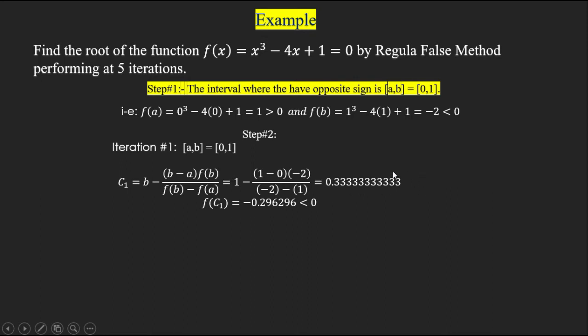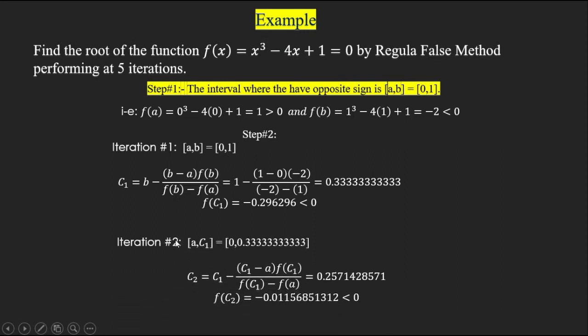And after substituting this value in the given function, we get less than 0 value. So we will replace B by C1 because f(C1) is less than 0, and we will get another sub interval of this 0 1 interval, and we will perform the same process for the new interval where A is 0 and B is 0.33333, which is C1.